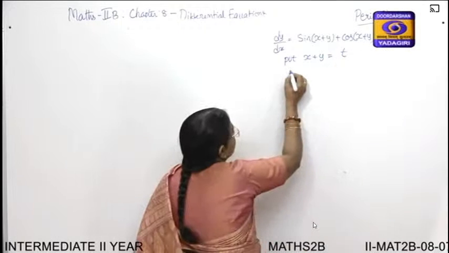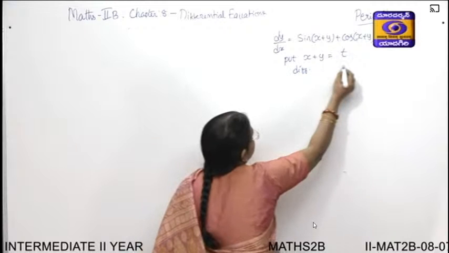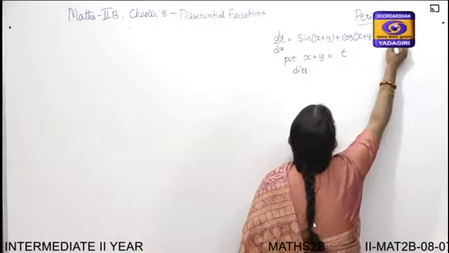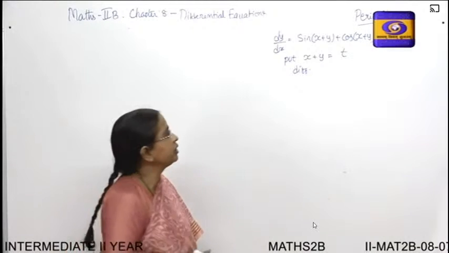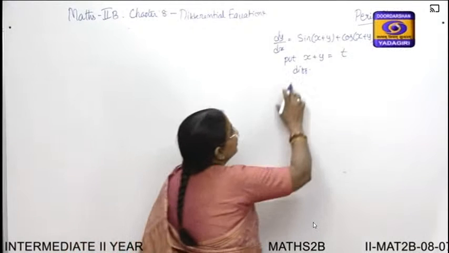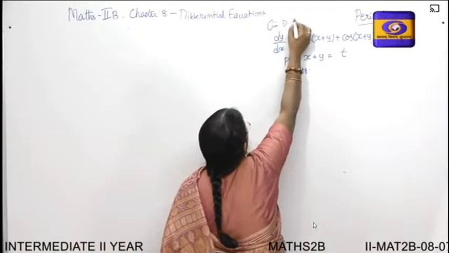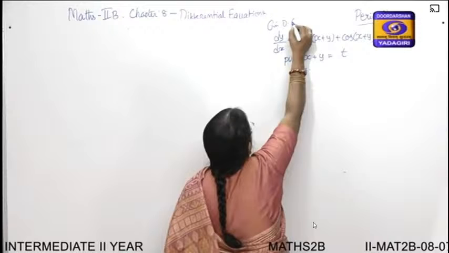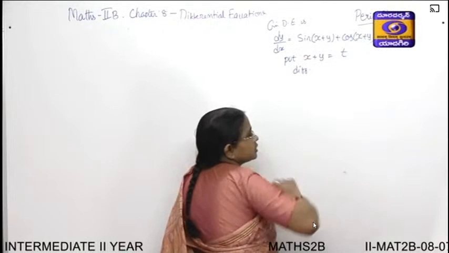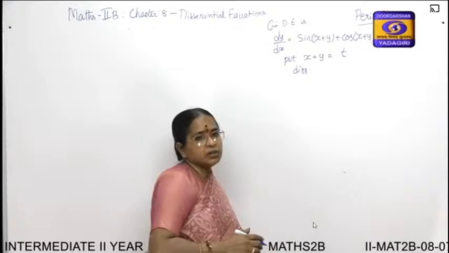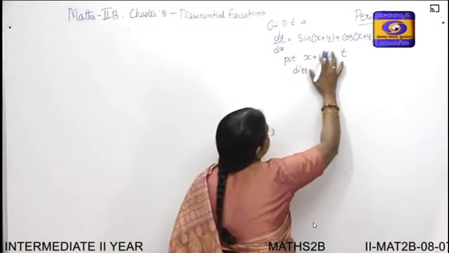Then differentiate with respect to x. Take this given equation as 1. Because it cannot be reduced to the variable separable form, put x plus y is equal to t.